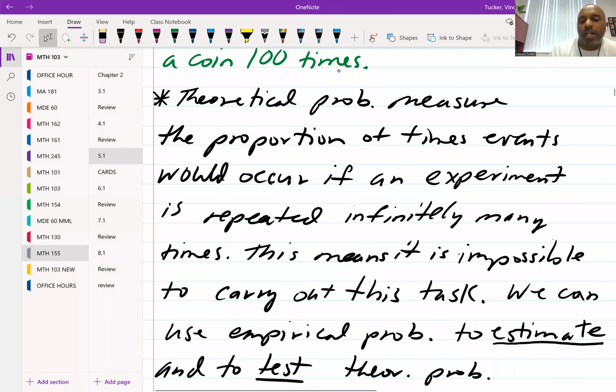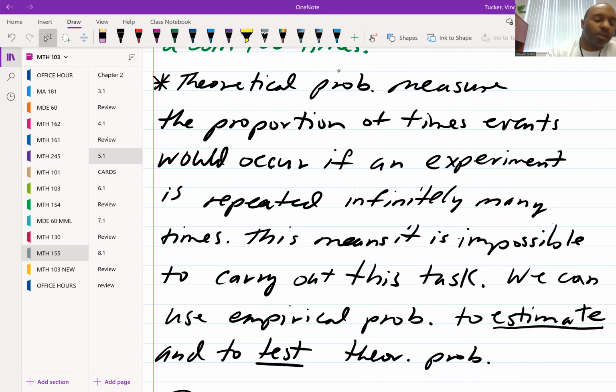So this means it is impossible to carry out this task. We can use empirical probability to estimate and test the theoretical probability.